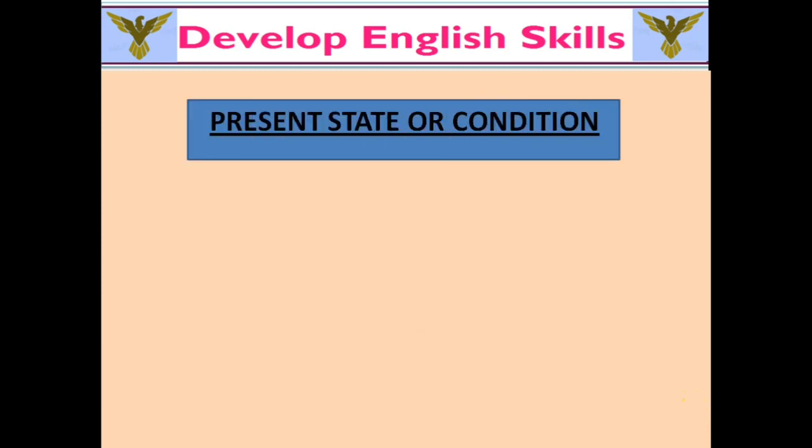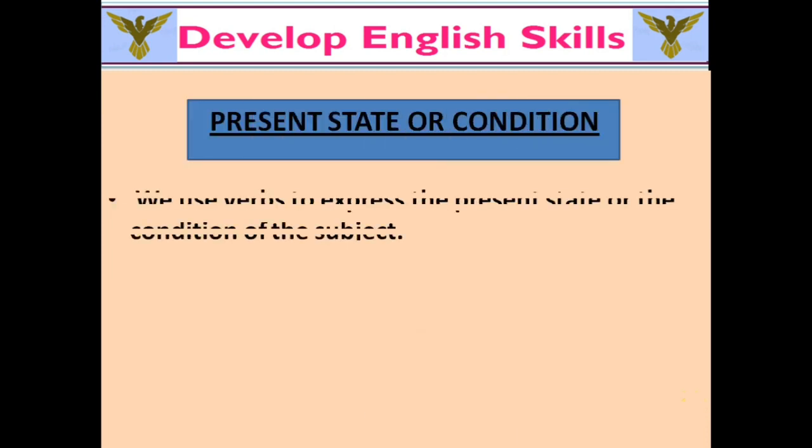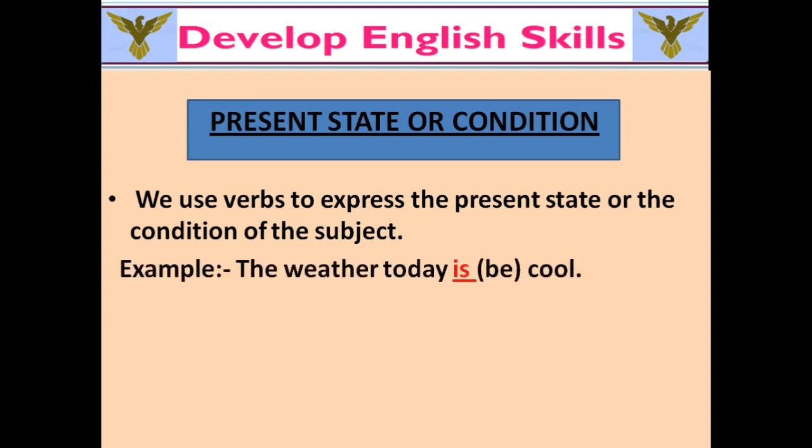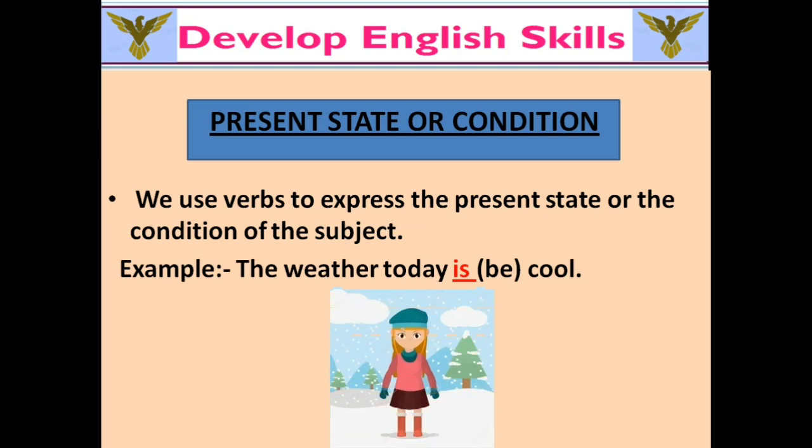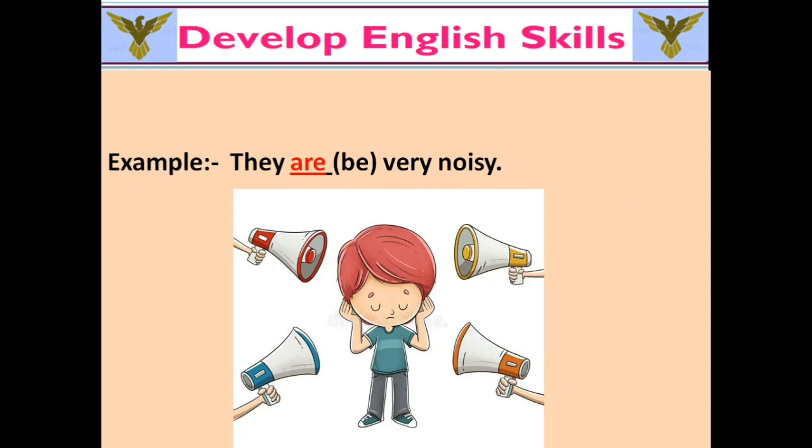Now let's know about present state or condition. We use verbs to express the present state or the condition of the subject. Subject is the doer of the action. Now see the example. The weather today is... So here is a be form of verb. They are very noisy.